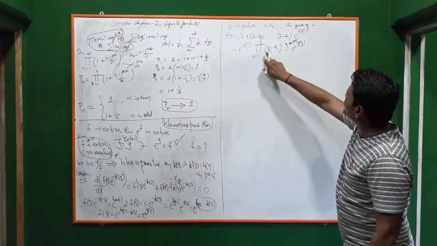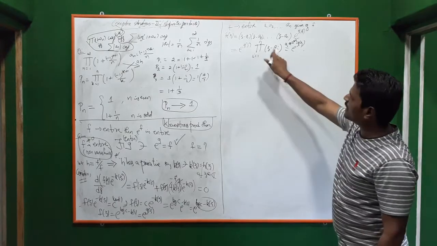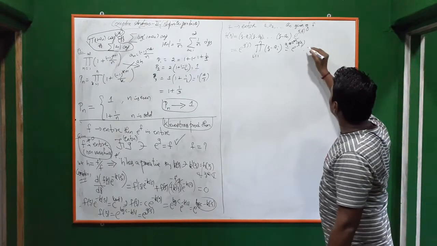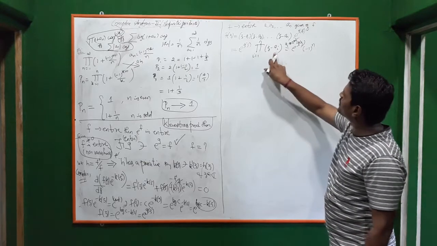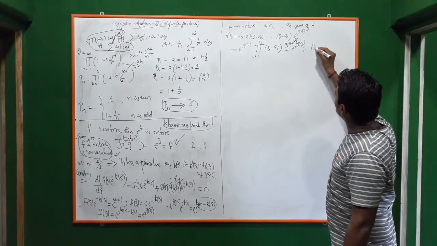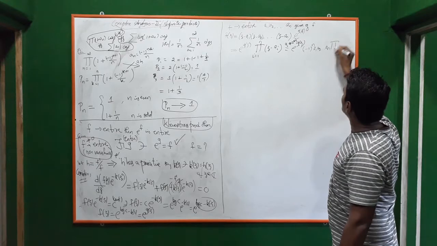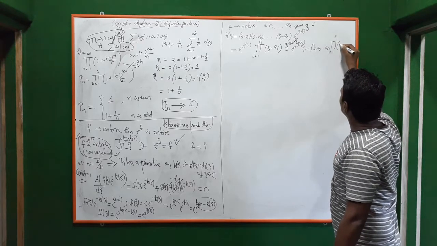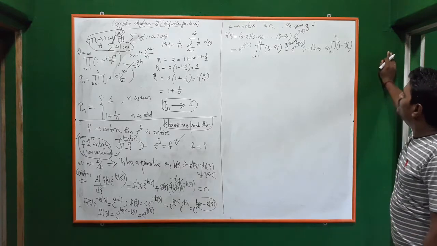So assume that these ai's are not equal to 0 so that we can take ai outside. Minus ai outside, then this will be minus 1 to the power n, since minus is taken out from each of the elements. So minus 1 to the power n into a1, a2 and so on up to an into the product i from 1 to n of (1 minus z by ai). This is it.